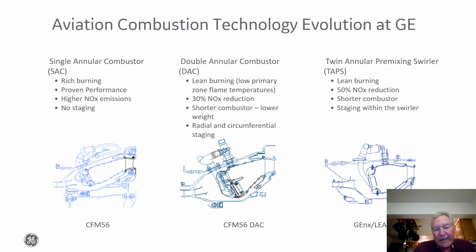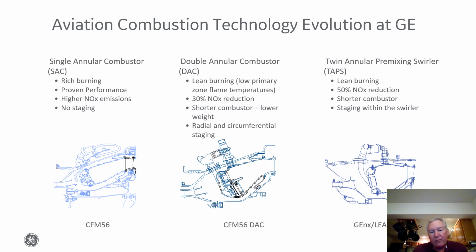We've looked at fuel staging concepts, and that's shown in the center panel, where we have a double annular combustor. Now, in this strategy, the fuel injection is achieved by using two separate fuel circuits.